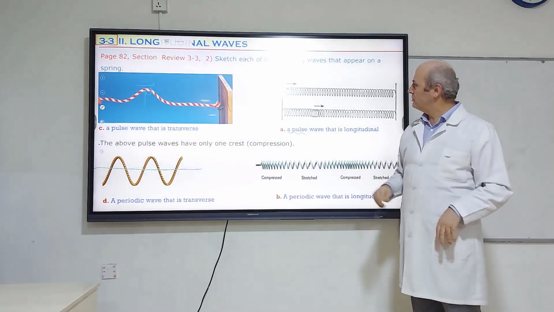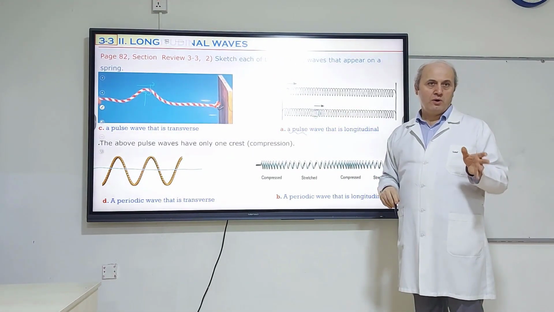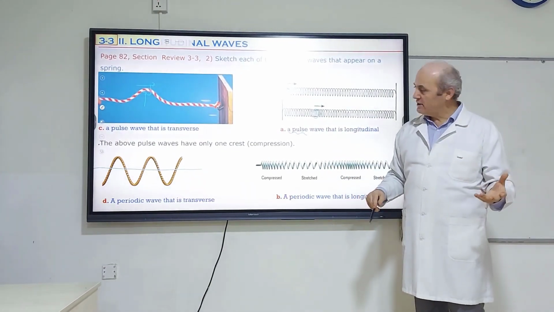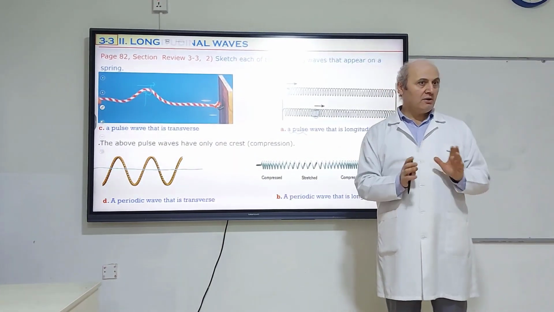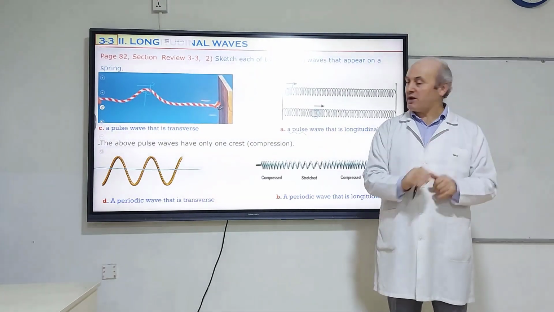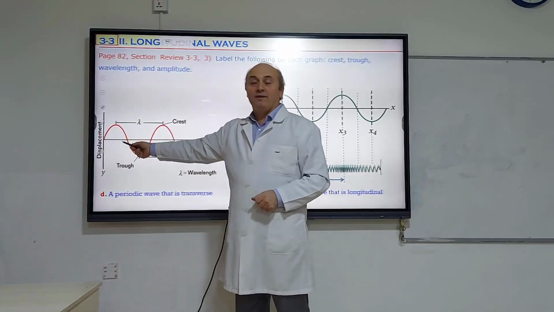One compression or one stretch. One stretch is one pulse, one compression is also one pulse. But together they form a complete wave. One compression and one stretch, or several compressions and stretches one after another, is a periodic longitudinal wave.